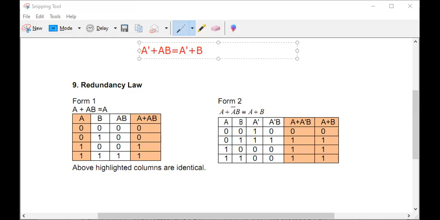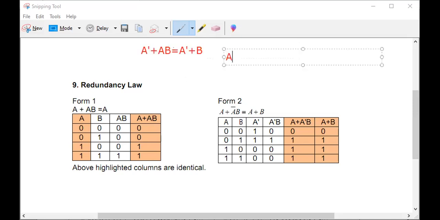Now in form 2, I explained A plus A dash B equals A plus B, where A is outside and A dash and B are inside. But if you are getting A dash plus AB, that is also possible. You are getting A dash plus B. I should be able to prove that, so I'm going to prove it.